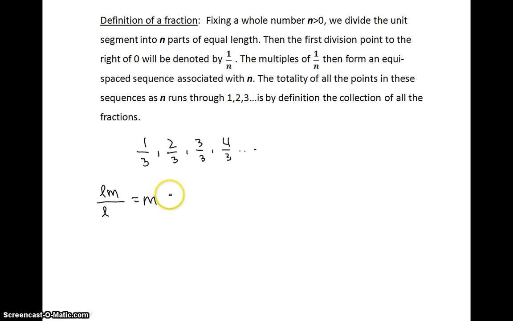So for example, if I have 1/4, but I multiply it by 4, so if I have 4 copies of 1/4, then I'm going to get 1 in this case, because if this is M, then this is going to be 1.